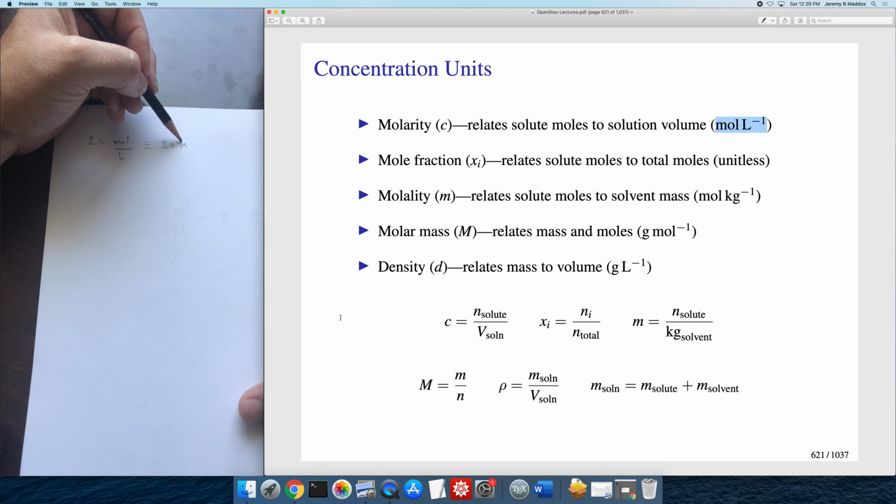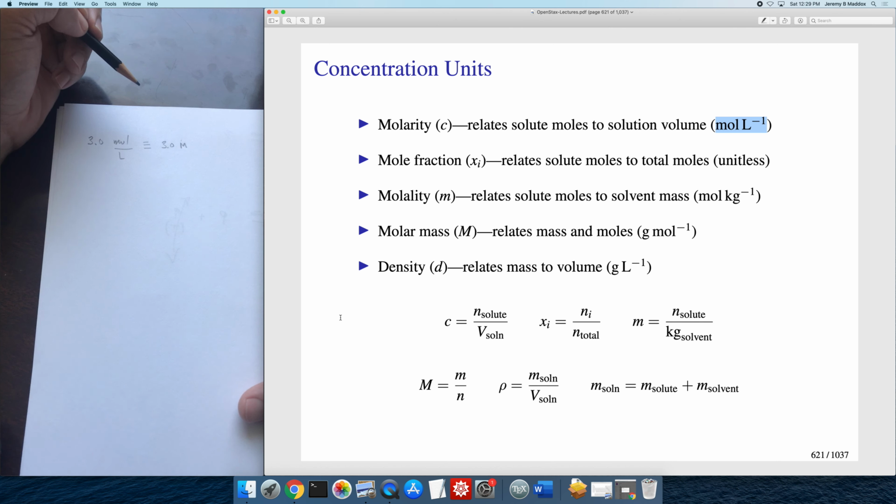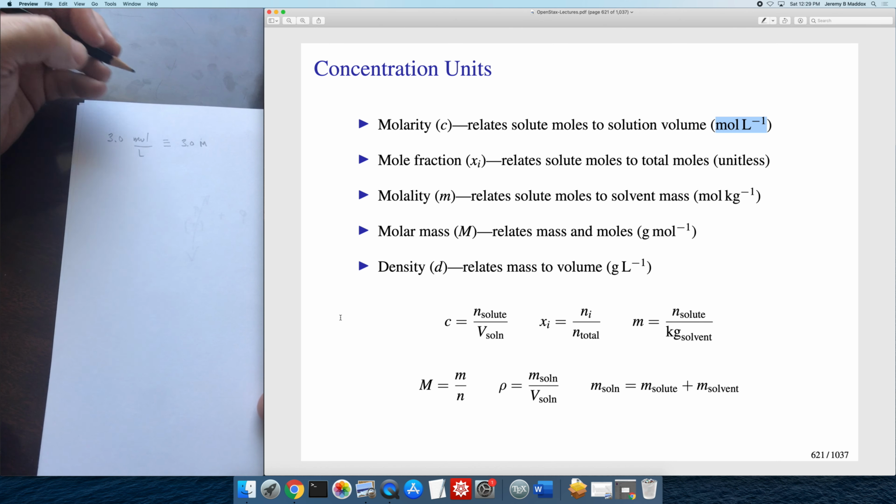And that's true of some of my assessment materials as well. 3.0 with a capital M is molarity. And what I'm telling you is that the quantity represented by the symbol C in my notes is a molarity.